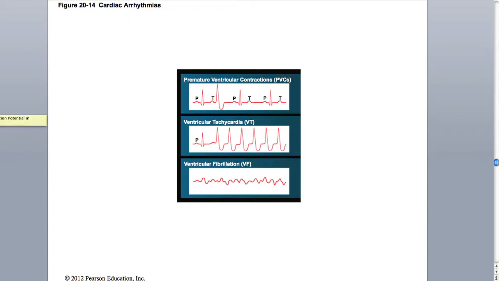Now, before I go to the next slide, it's important to note that all of this is made possible because of ion channels. So again, we're going back to 2401 in essence. It's the electrical ion movement that is determining this depolarization, repolarization, just like we learned in the skeletal muscles of 2401.